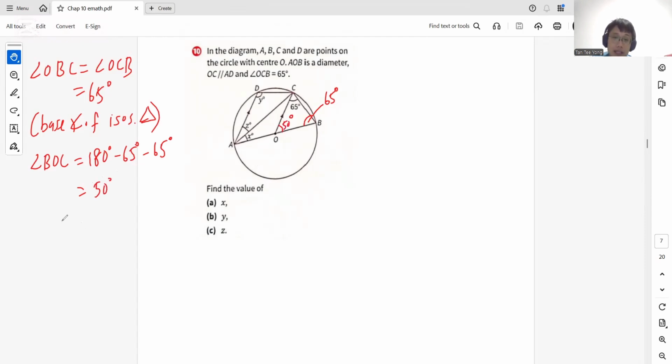So x degrees is actually equals to 50 degrees divided by 2 equals to 25 degrees. How come? Angle at center equals to 2 times angle at circumference.